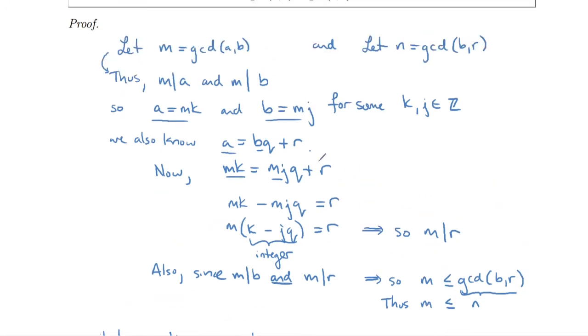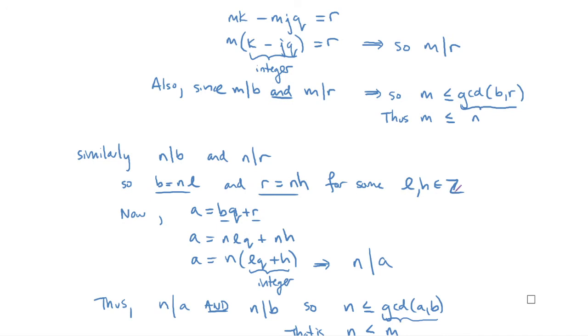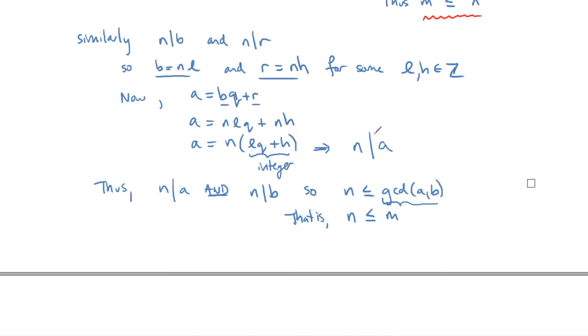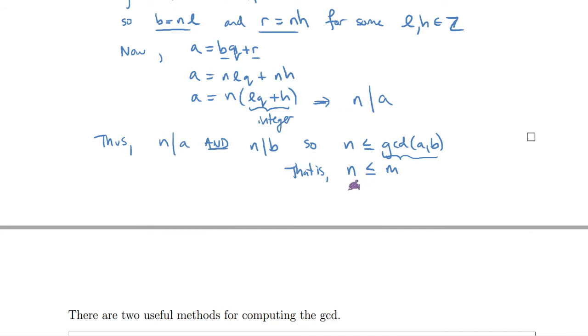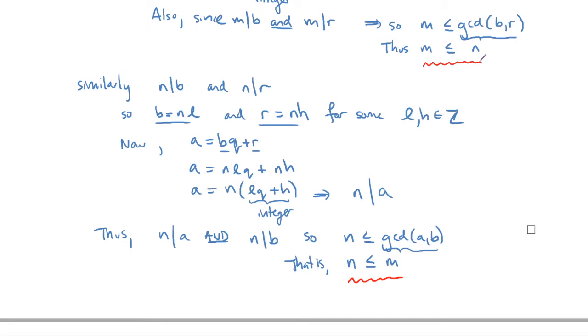So taking these two pieces of information, what do we have? The first bit got us this inequality, and the second bit got us this inequality. So if you just stare at those two, look, I have m is less than or equal to n, and I have n is less than or equal to m. So thus, n has to be equal to m.